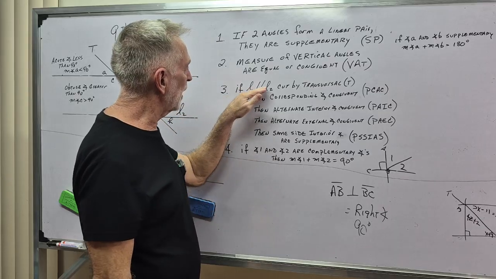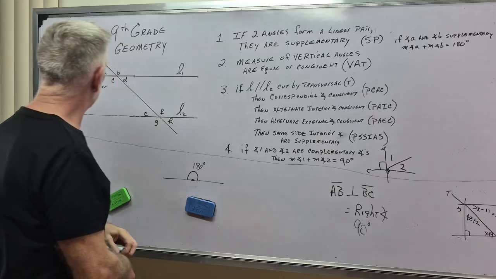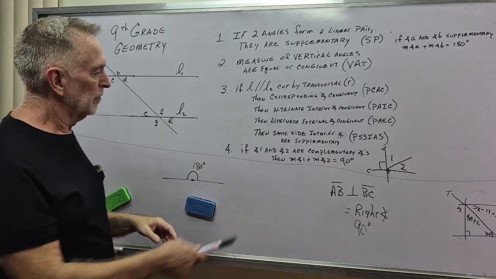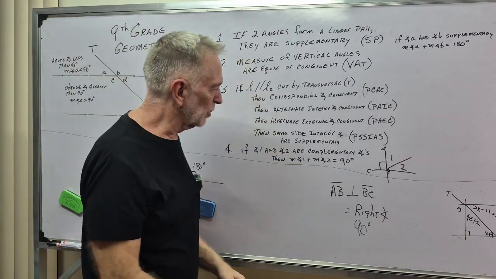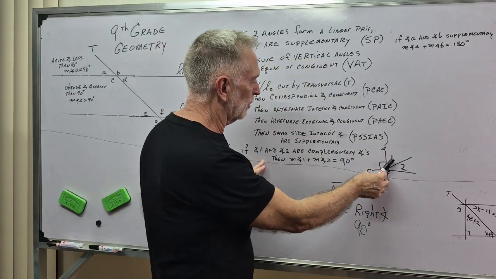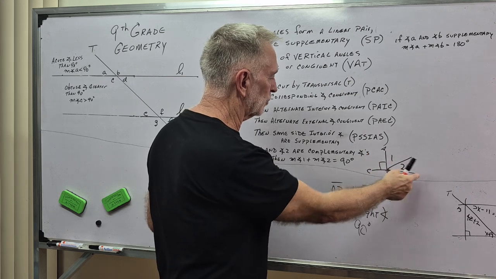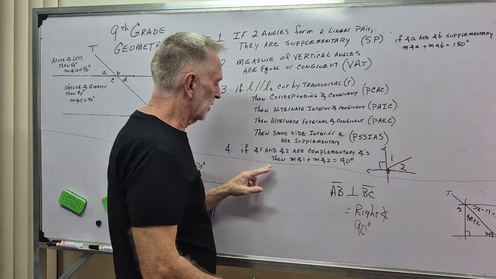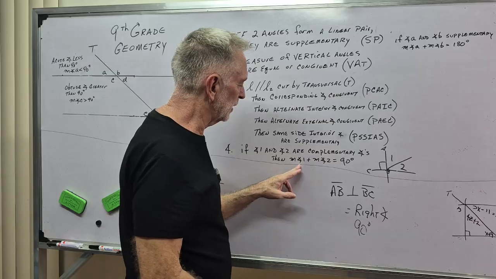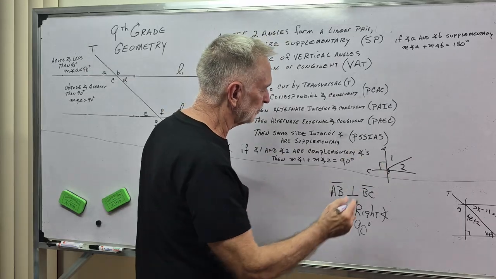If I have parallel lines cut by a transversal, I don't have one of those up here, so just look at that diagram. I have a transversal that cuts down through here. I've got an angle that's less than 90, another that's less than 90. They're all in that first quadrant. So the measure of angle 1 plus the measure of angle 2 equals 90 degrees.